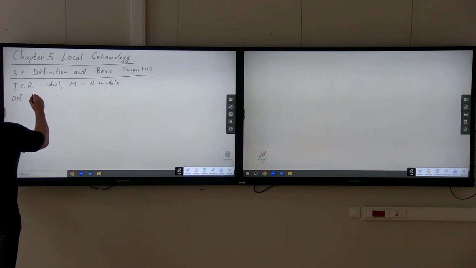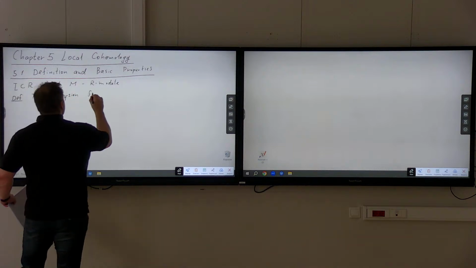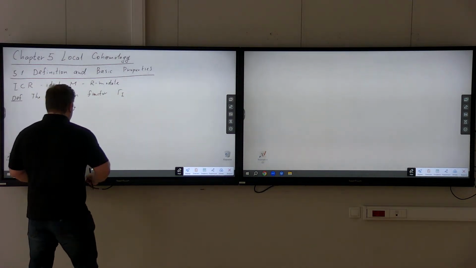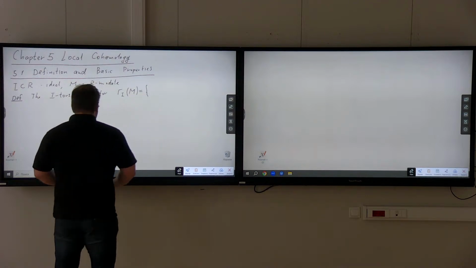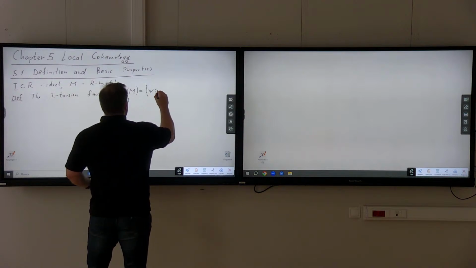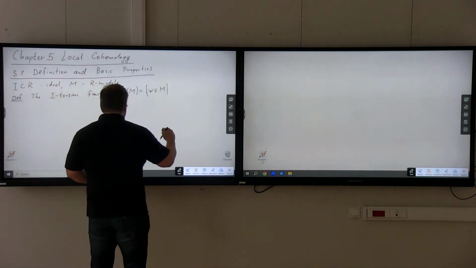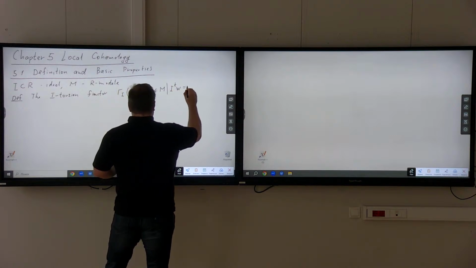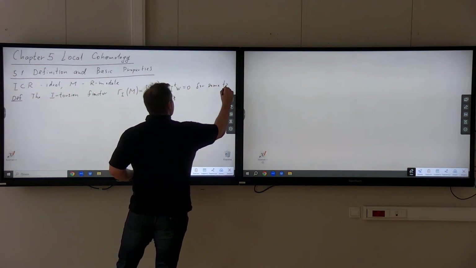So first of all, the I-torsion functor, gamma sub I of the module M. Well, you can say this set theoretically, which is just the set of all elements w in the module M such that this element is annihilated by some power of the ideal, I to the t, for some t.